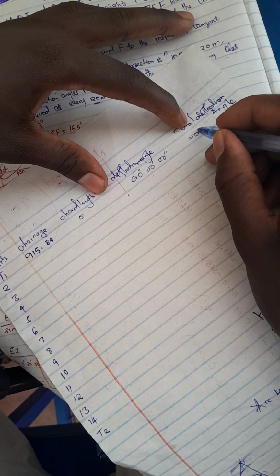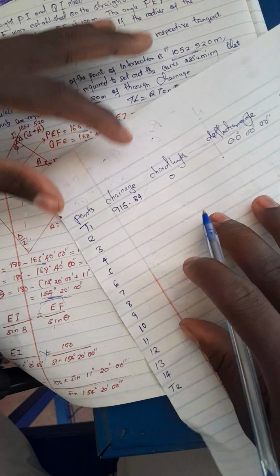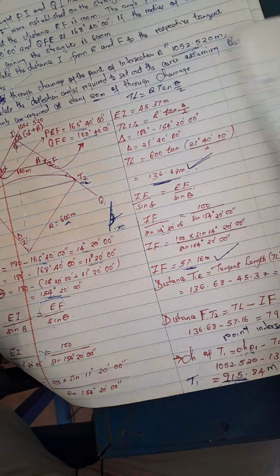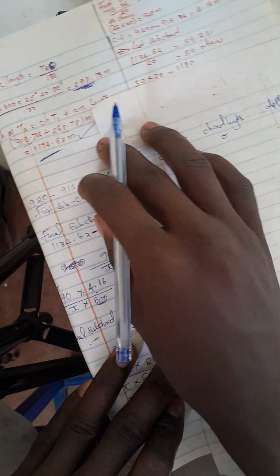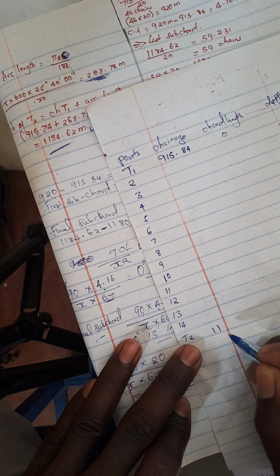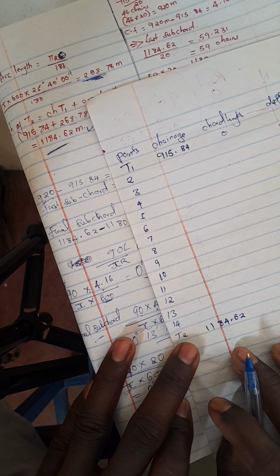So all of these zeros, just 0. And then the last chainage was this one. We write it here.